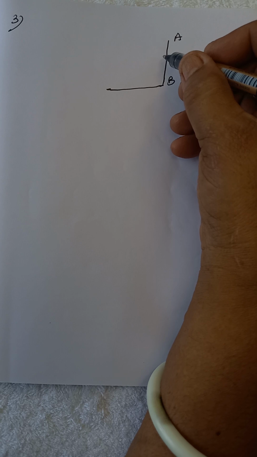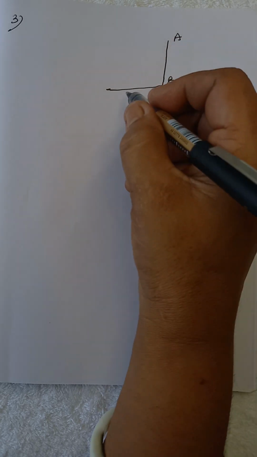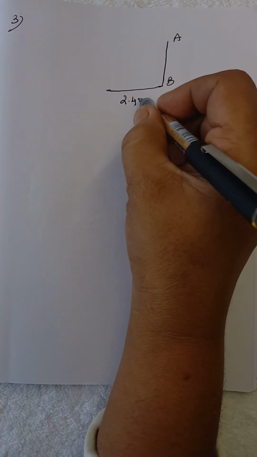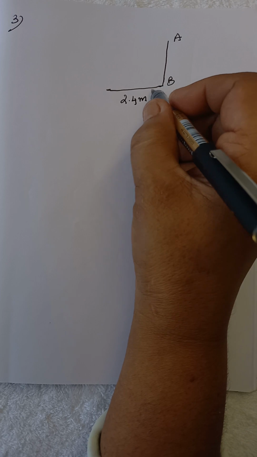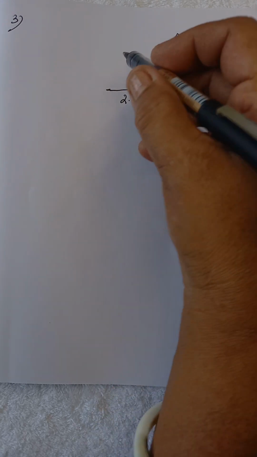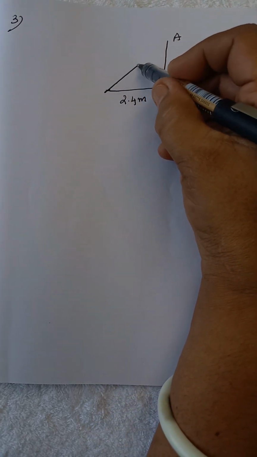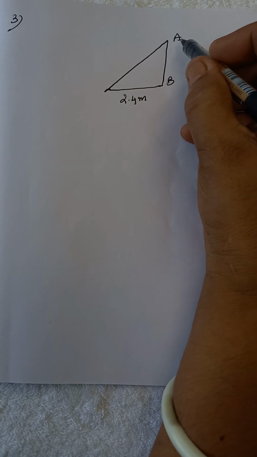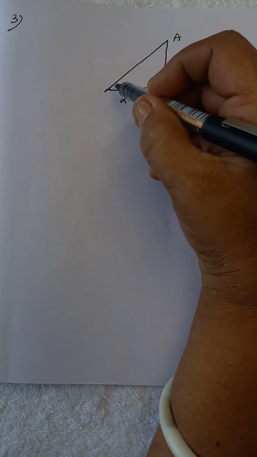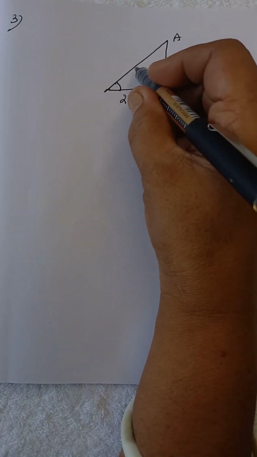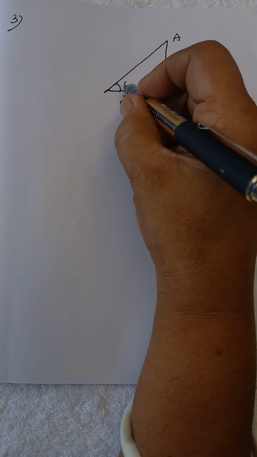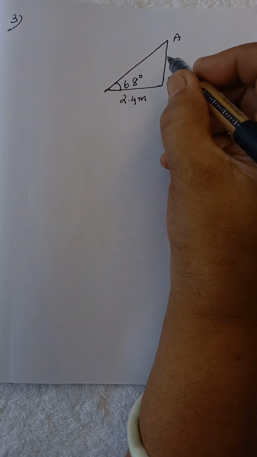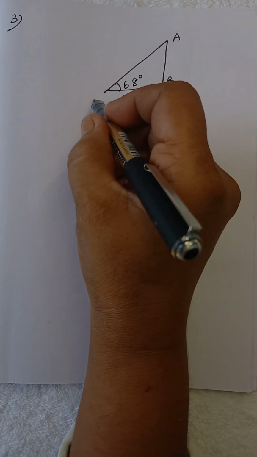The foot of the ladder is 2.4 meter from the wall. So this much length is 2.4 and the ladder is resting on the wall from that point. The angle the ladder makes with the ground is given as 68 degree. So this point, let it be C.